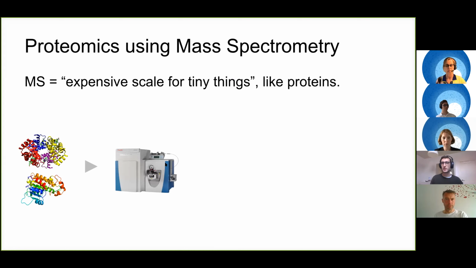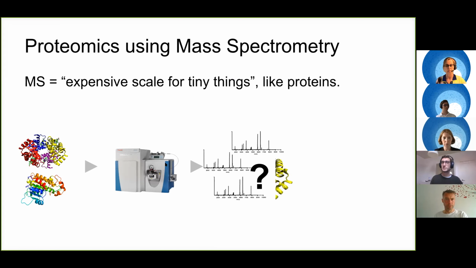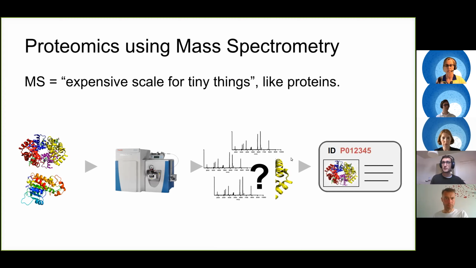And this instrument will then break them up and analyze them, and will spit out many of those mass spectra, those graphs here. And now each spectrum represents a piece of protein, like a chunk. And it's our task to then find out what protein this chunk belongs to.